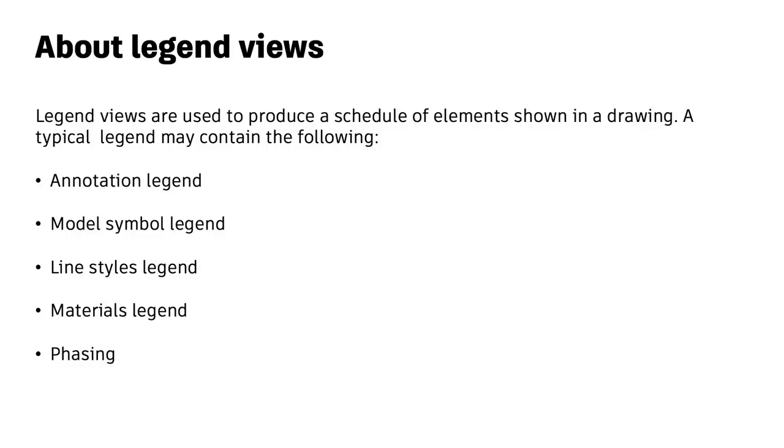Model symbol legends can be built up out of things like walls, beams, or perhaps even things like pile caps. Line style legends will show the line types and styles that have been used in the drawing. The materials legend will simply show swatches and samples of materials in section. And finally, the phasing will use a colour representation of construction phases to match your phasing graphical overrides.